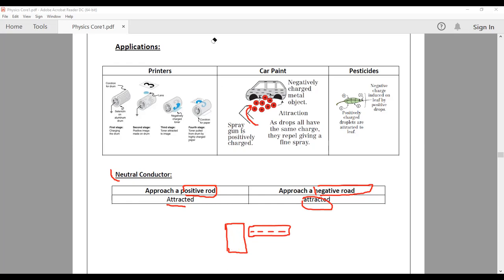For example, here the positive charge will be near the rod and the negative charge will be far away from the rod. So both will attract each other, whether it's a positively charged rod or a negatively charged rod. Both will be attracted if they approach a neutral conductor.